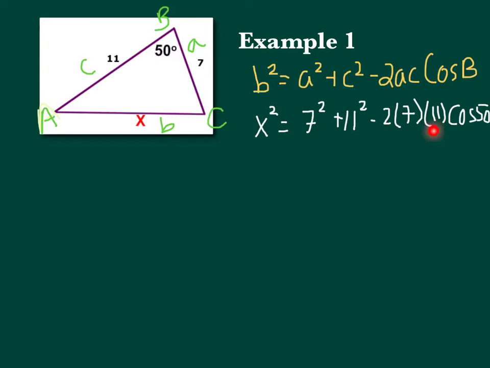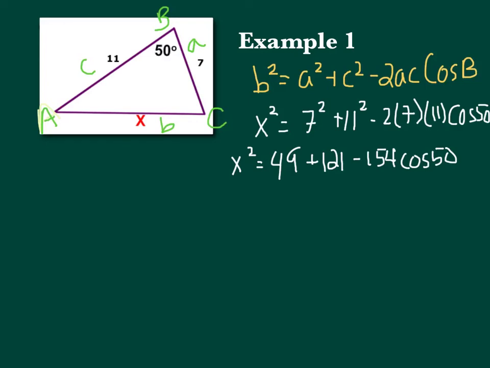So we can go to the calculator, but you're going to end up with x squared equals 49, which is 7 squared, plus 121, which is 11 squared. And then we're going to be subtracting 154 times the cosine of 50.